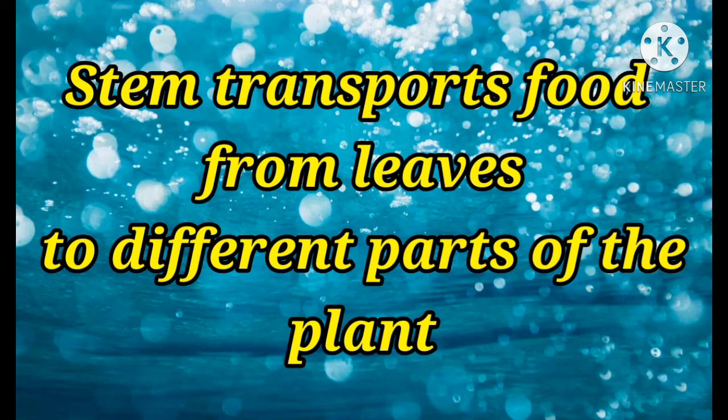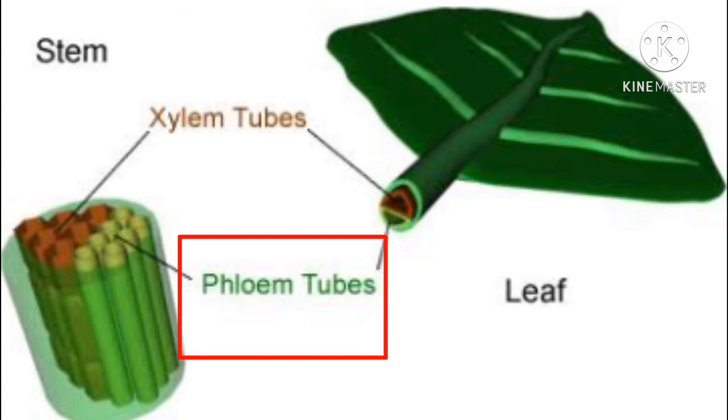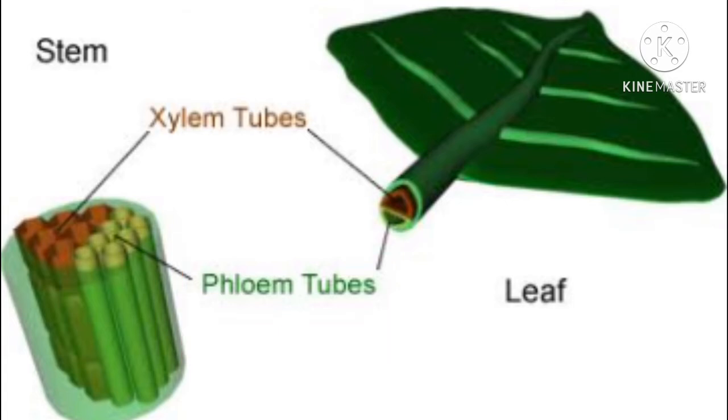Stem transports food from leaves to different parts of the plant. Children, inside the stem there is a special tube-like structure called phloem. This phloem helps to transport food from the leaves to different parts of the plant.